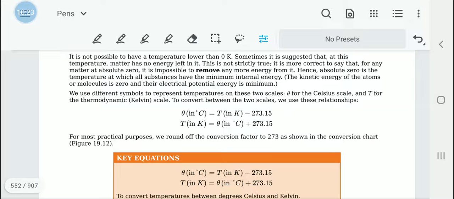Then if you want to convert theta in Celsius to T in Kelvin, you add 273.15, right? Celsius to Kelvin plus 273.15. Then T in Kelvin to theta in Celsius, you subtract 273.15. Right.